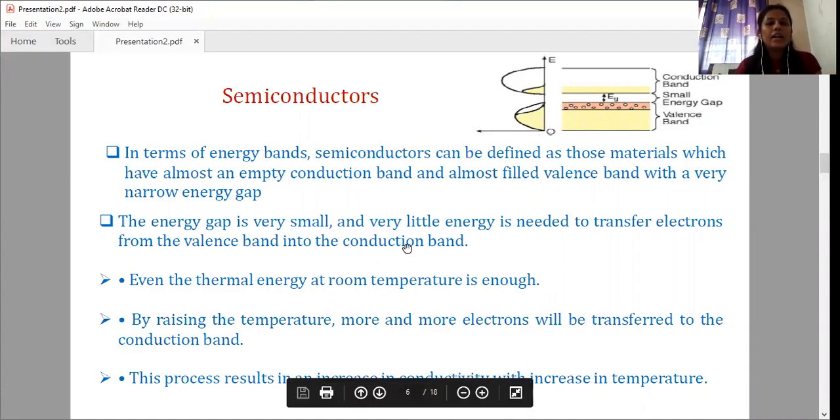The energy gap is very small, and even thermal energy at room temperature is enough. There is no need of any external heat. By raising the temperature, more electrons will be transferred to the conduction band.